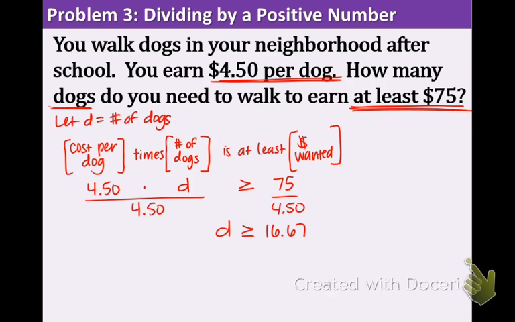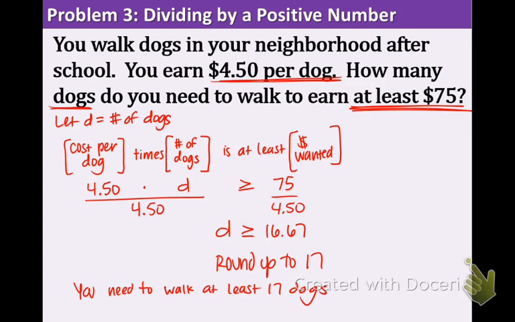So we're going to round up to 17. So round up. And we're going to write, you need to walk at least 17 dogs in order to make your $75 or more.